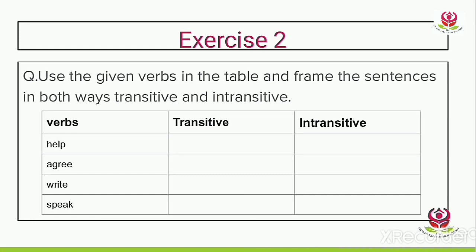I hope I have given a lot of examples to help you make different sentences for transitive and intransitive verbs. Now you have to use these verbs only. If you are using help, in the transitive sentence you should have the subject, verb and object structure, and in the intransitive you should only have subject and verb. Understood? In this way you have to frame sentences based on these verbs. Okay?